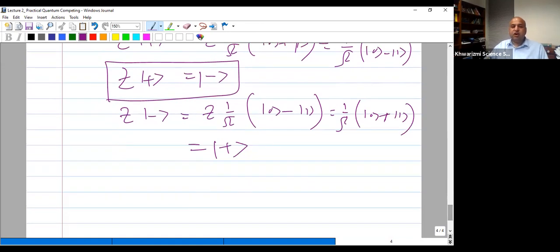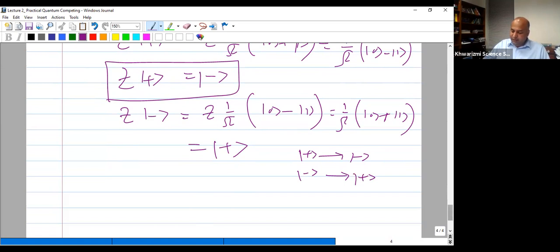This is essentially a NOT gate, but for the plus minus basis, for the X basis. If you're working in the X basis, which means that your basic states are plus and minus states, this essentially works as a NOT gate. So the plus state goes to minus state and the minus state goes to plus state.